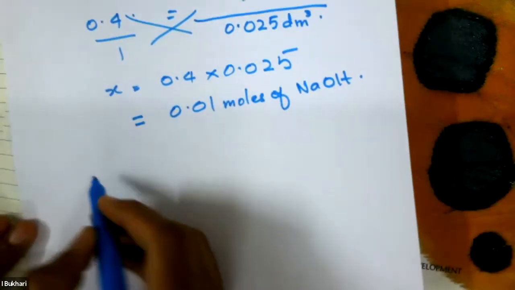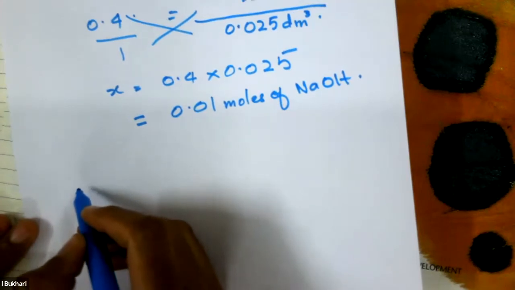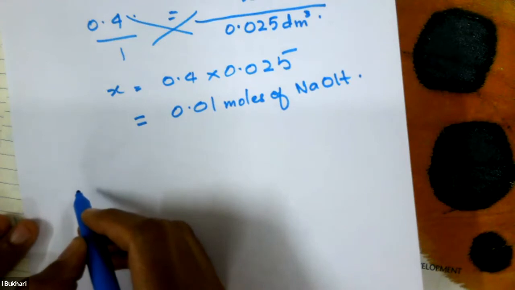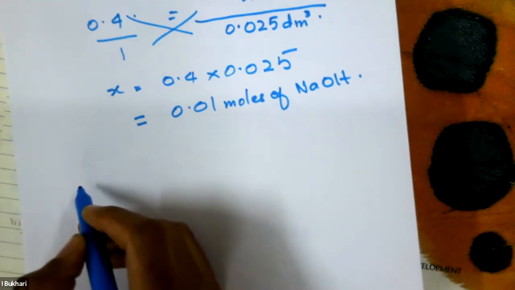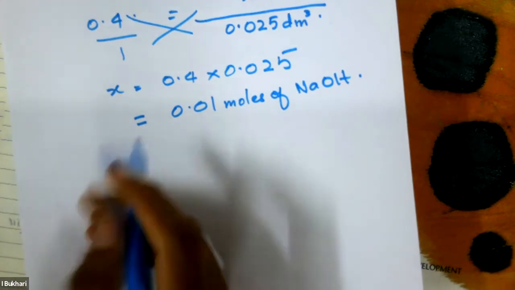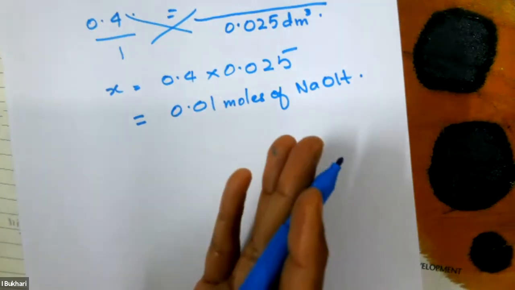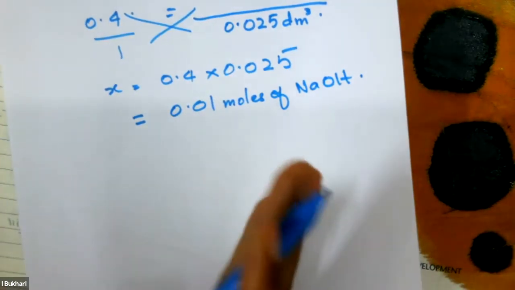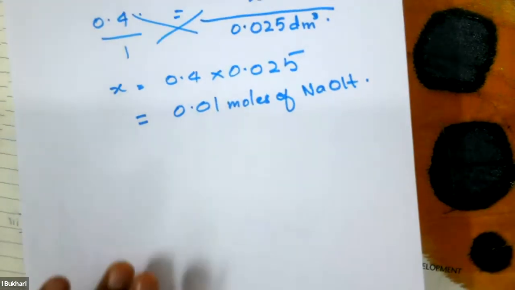Then part 2: use your answer to part 1 and the mole ratio in the equation to find the number of moles of oxalic acid in 20 cm cube of solution. They themselves are asking you to use the molar ratio in the equation. There are no formulas for it.